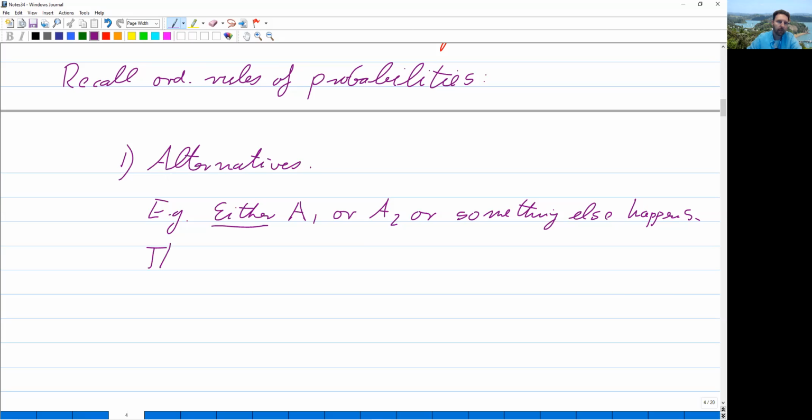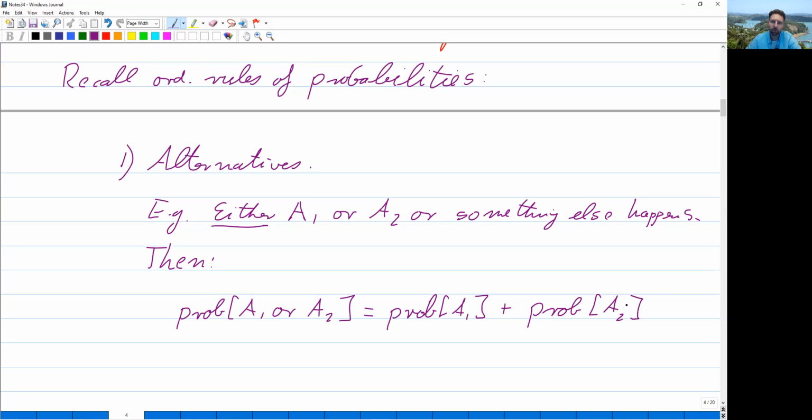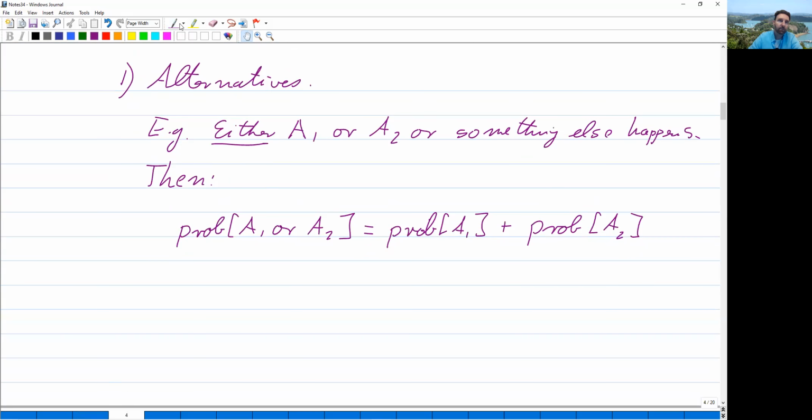Then, for exclusive alternatives, we have that the probability for A1 to happen or A2 to happen is equal to the probability that A1 happens plus the probability that A2 happens. That's the rule of alternatives, of independent alternatives.